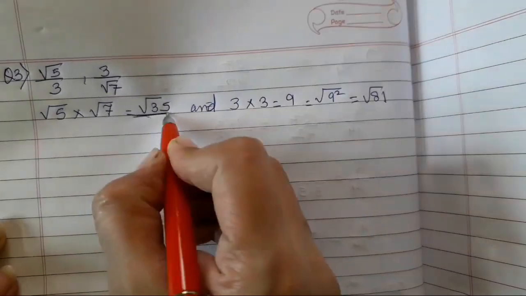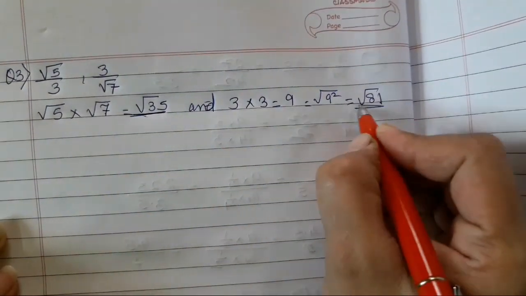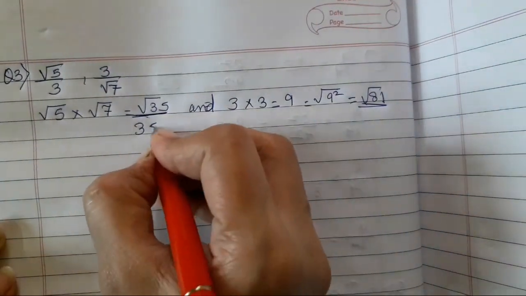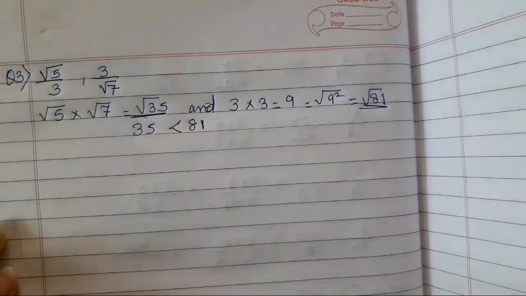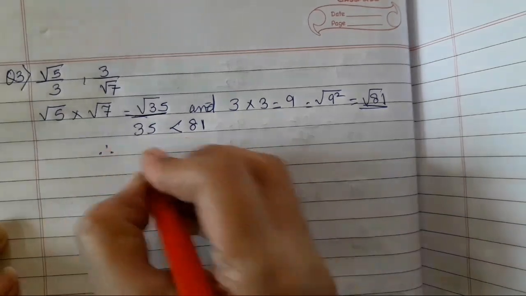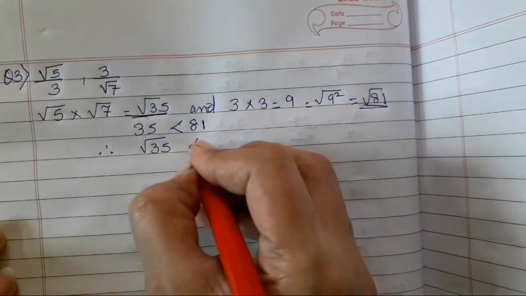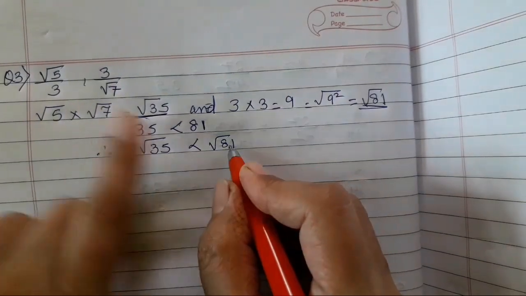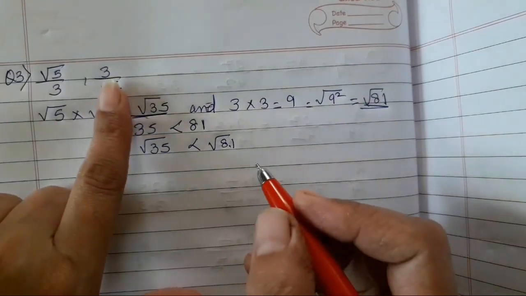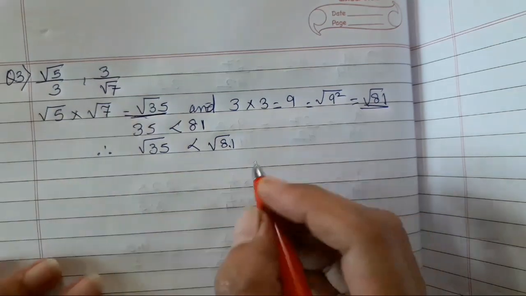Okay, so you will see that one side you have got 35, one side you have got 81. Okay, so 81 is obviously greater, isn't it? 81 is greater. Therefore, which one is greater? Root 81 will be greater. If 81 is greater, which side will be greater? This side is going to be greater and this side is going to be smaller.